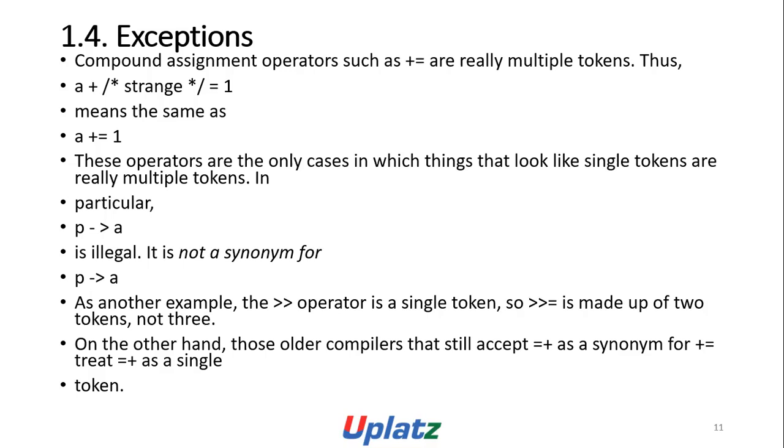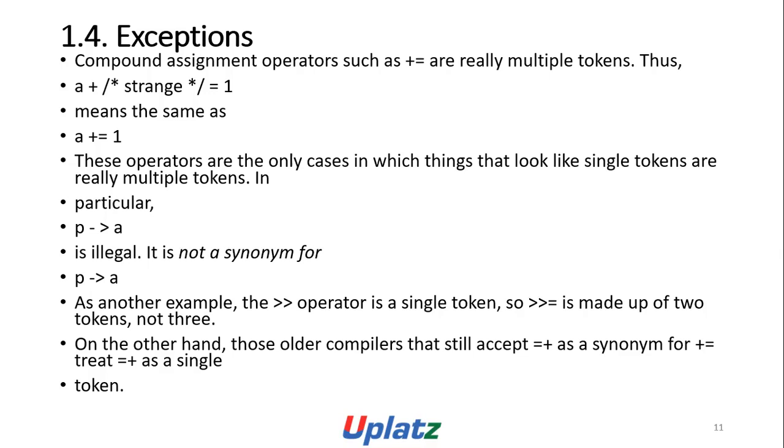It is not a synonym for p >= a. As another example, the operator -> is a single token. So >= is made up of 2 tokens and not 3. On the other hand, those older compilers that still accept =+ as a synonym for +=, treat =+ as a single token.